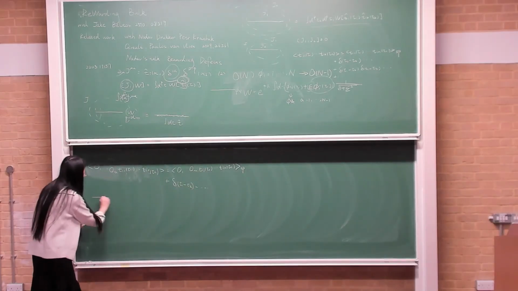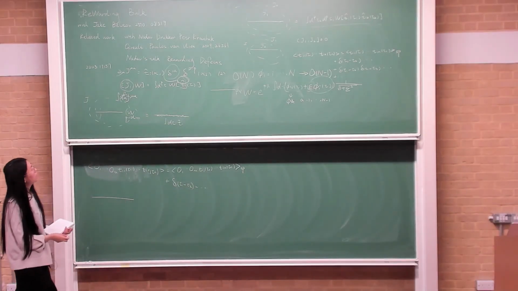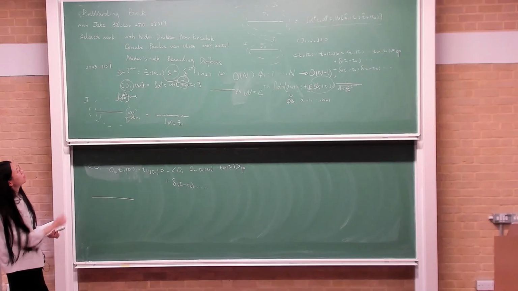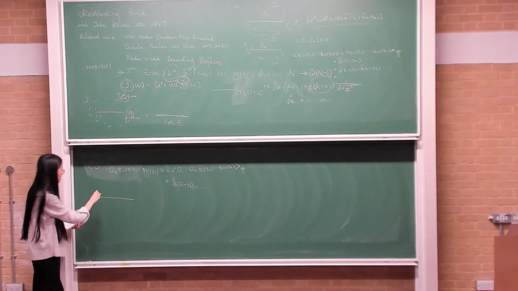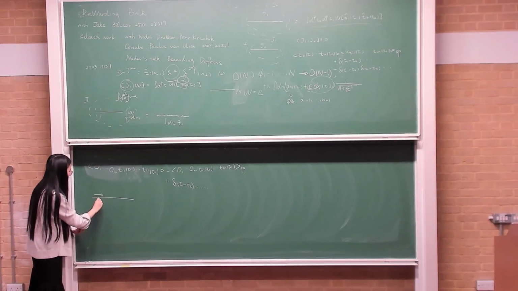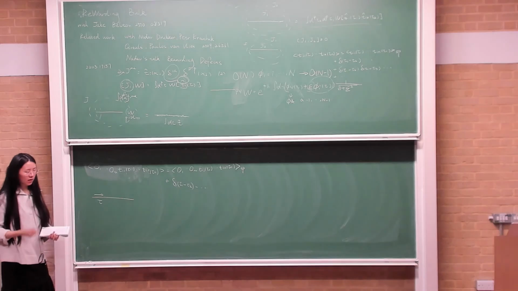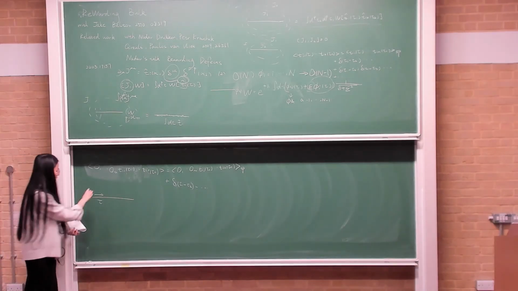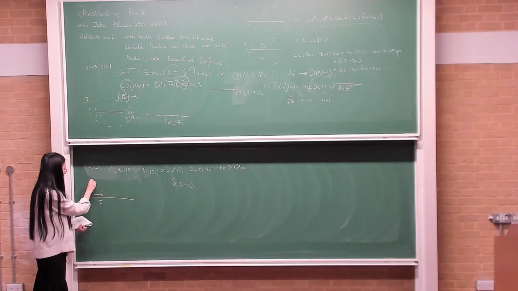So I consider now a system. I didn't really explain what this notation means, but here I say the directions along my defect are tau, and perpendicular to my defect is x perp.